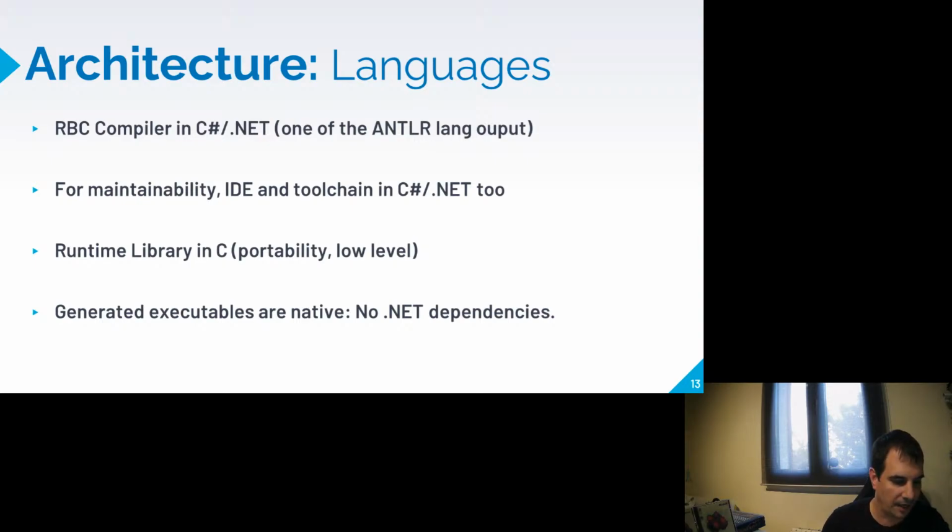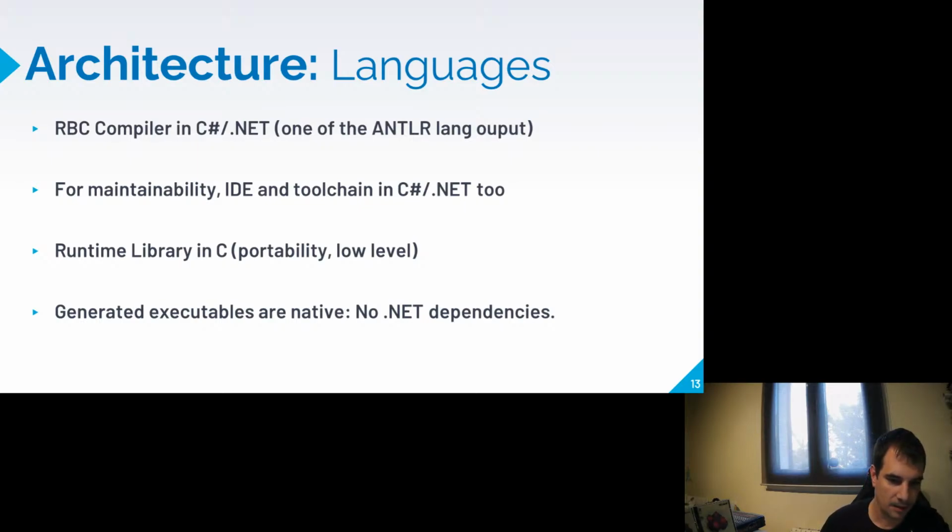The Runtime Library is written in C, because the source code from Visual Basic 6 is translated to C, and having portability in mind, because RAD Basic wants to be cross-platform in the future.